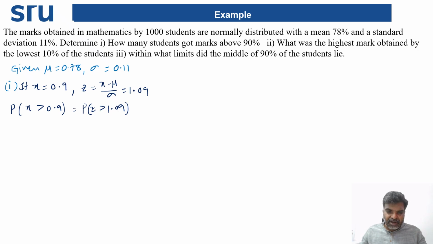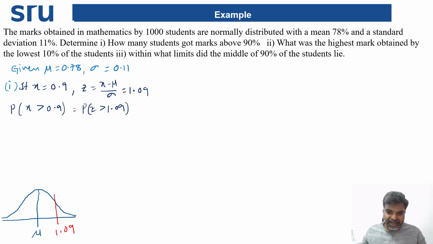See, if you see the normal table, before going to find the value, first we have to draw the normal curve. See, this is the normal curve. You can see 1.09. 1.09 means we have to mark on the right side. So this is 1.09.